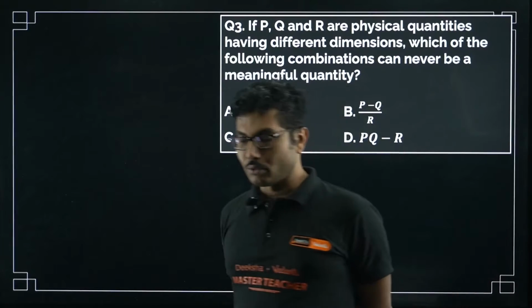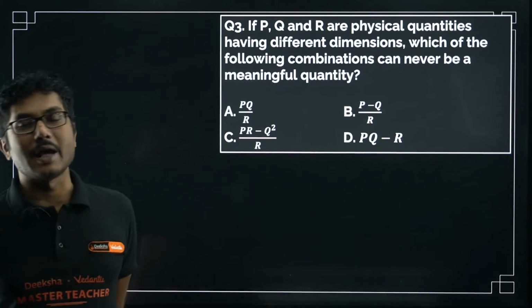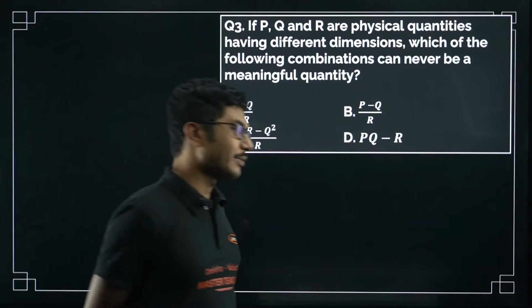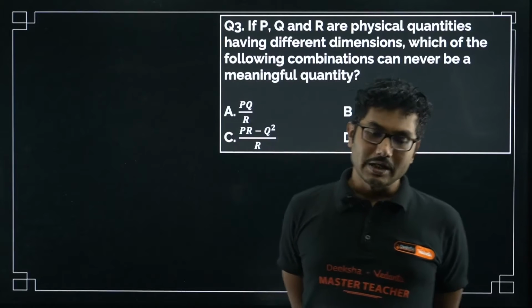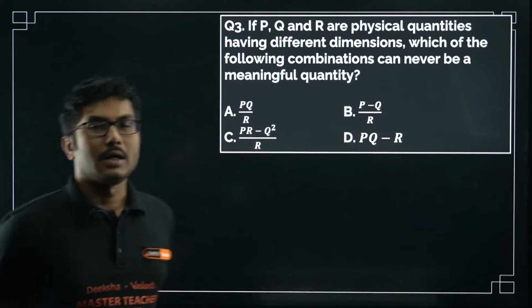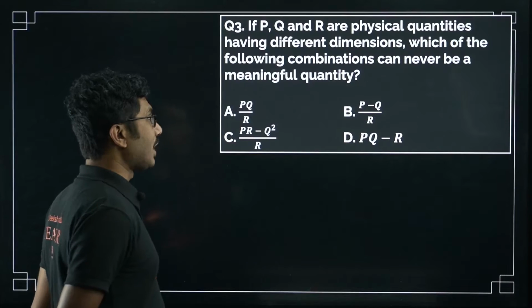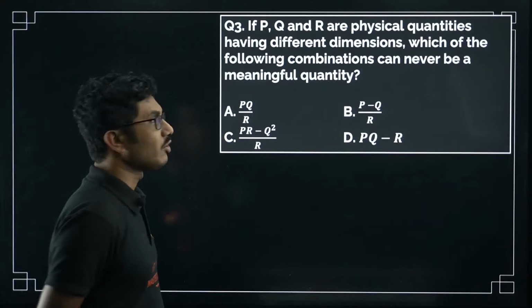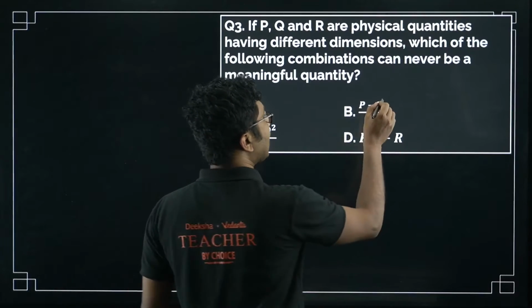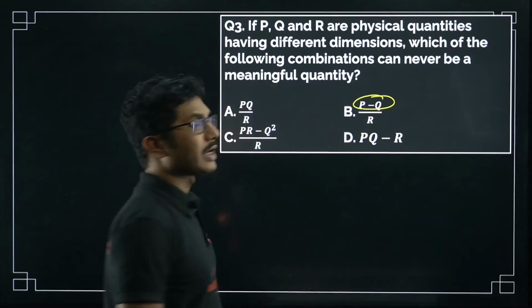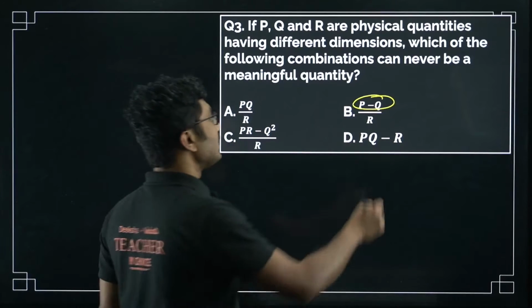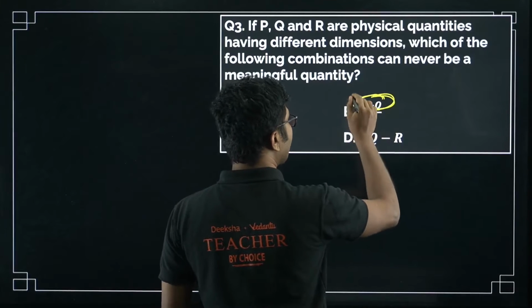But if two quantities have different dimensions, you cannot add or subtract. Multiplication and division are allowed, but subtraction or addition is not allowed. In this case, they are doing direct subtraction, which is not allowed. So this quantity is not possible. So this is the answer.